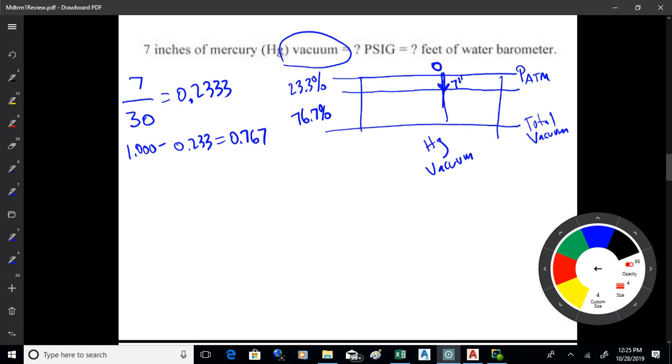All right. Now, what I need to know then is what's the gauge pressure. Okay. That's over here. 0 for gauge pressure is at atmospheric. It's right on the chart. Okay. PSIG. And to get to the line, I would come down that far.